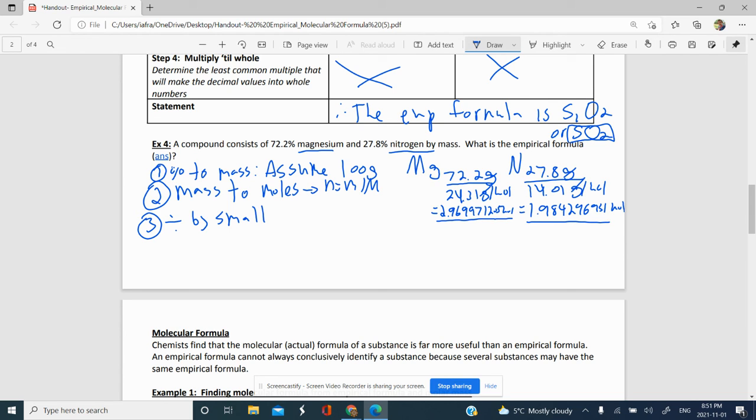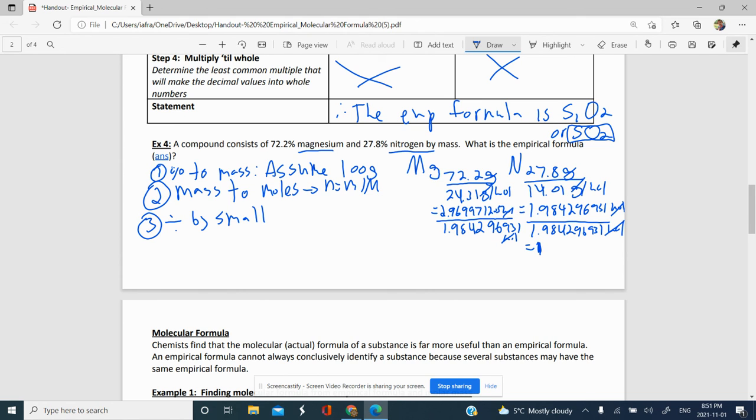So we'll divide by the nitrogen. So divide by 1.984296931 moles. Mole cancels out. Divided by itself here, 1.984296931 moles. Moles cancels out. This simply gives you 1.